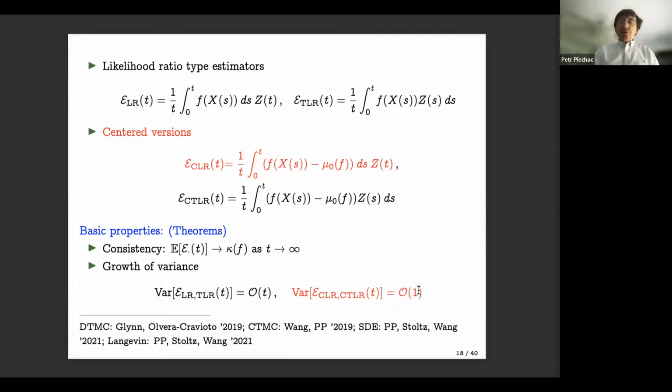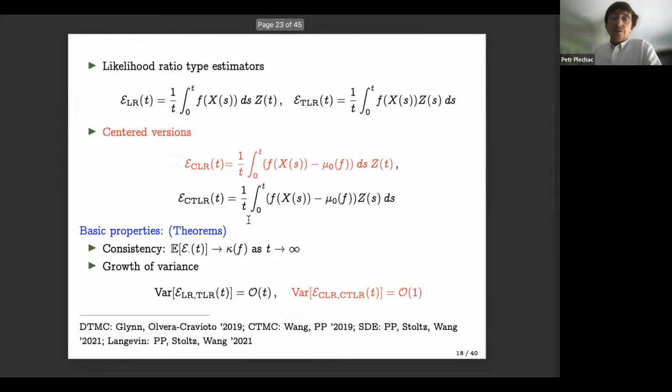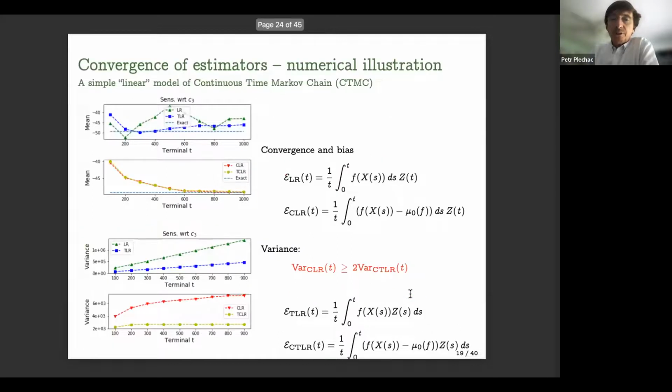That's an important property which makes this approach useful, because the variance can be quite large. We can beat it by independent sampling on this expected value. So unlike for the ergodic averaging of the observables, we cannot use just a single long trajectory. This requires averaging over independent trajectories in practice, and that helps to control this constant variance.